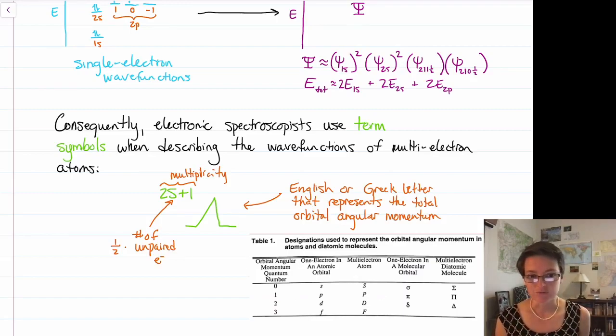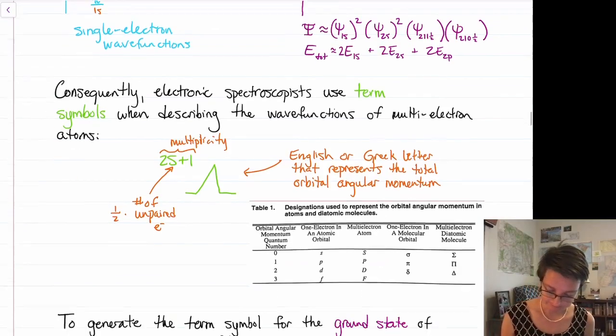Also, you've seen before this sigma pi notation when we're talking about molecular orbitals. What's going to be new to us is that for multi-electron atoms, we're going to use capital S, P, D, and F to talk about the total orbital angular momentum of a multi-electron atom.